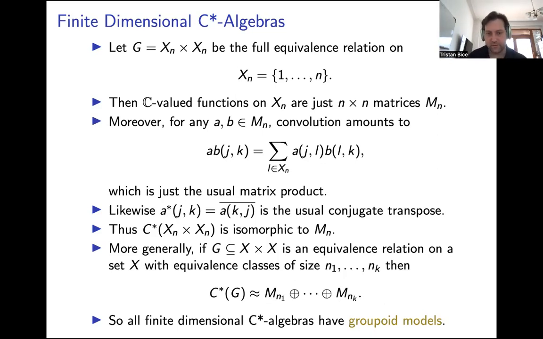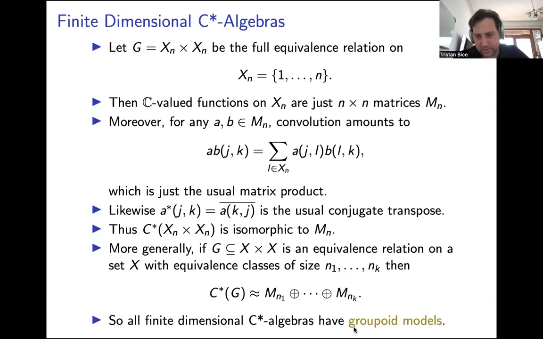In general, for a general finite group, it might be very difficult to work out exactly what the n's are, what the conjugacy classes might actually be. But here it's easy, right? It's very easy to find a groupoid operation by just looking at pairs where you're looking at an equivalence relation with certain size equivalence classes.